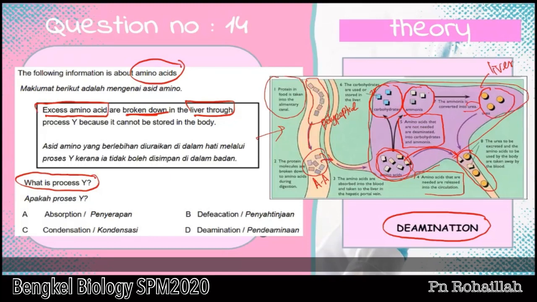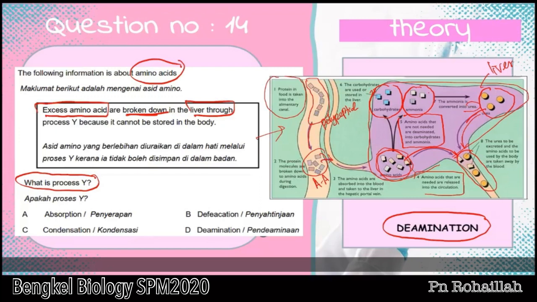So urea, does your body need the urea? No. So this urea will be excreted from your body through sweating and through urination. Urea will be excreted. Do you understand?